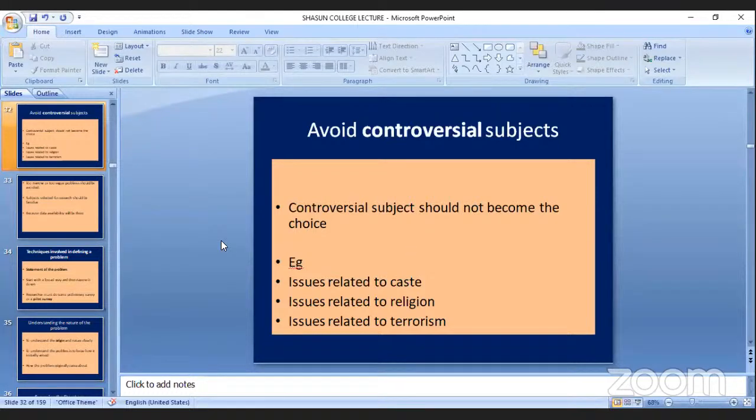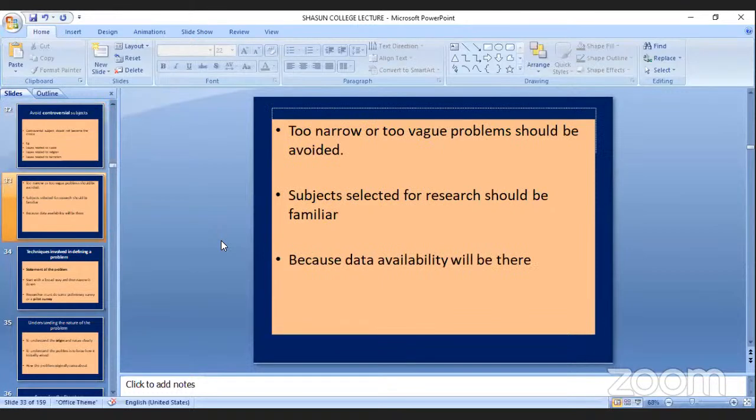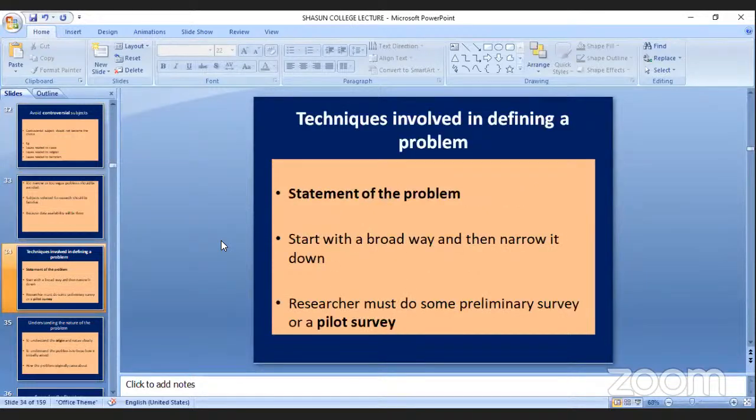Then too narrow or too vague problems should be avoided. Data availability should be there. Whatever issue you're taking, make sure that you find enough data for that. Otherwise, there's no point in taking a particular subject which has no data.